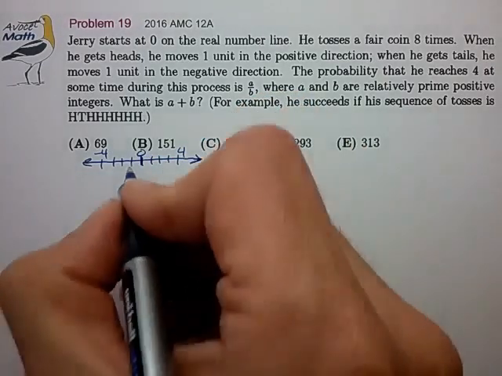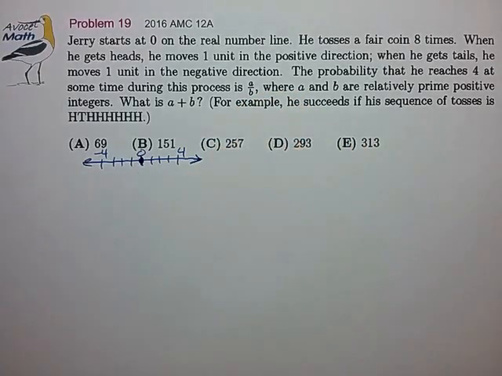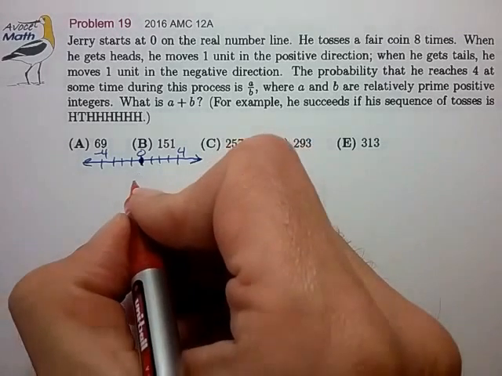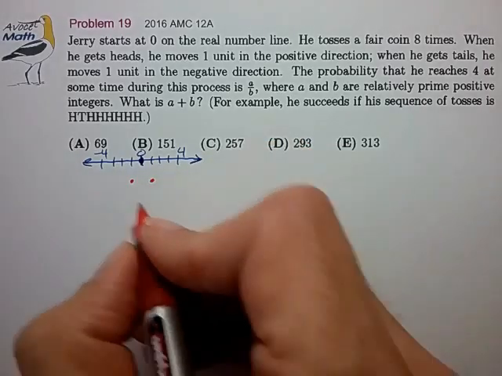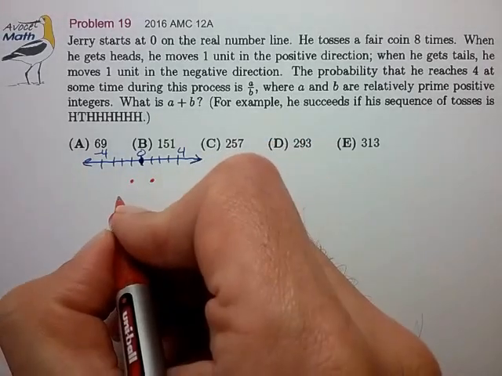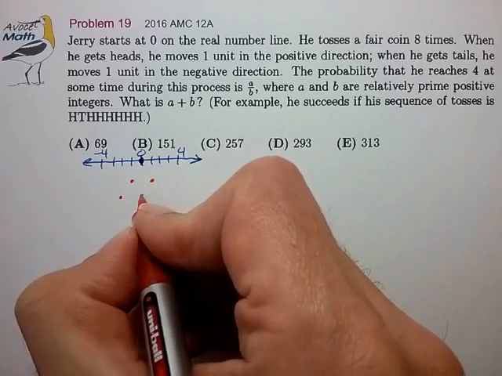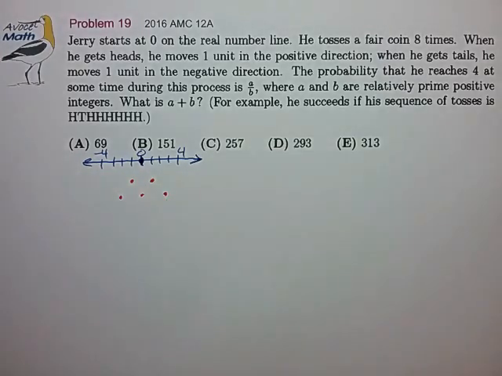We're starting at 0 initially, and every time we flip the coin, we go either one step to the left or one step to the right. And then when we flip the coin a second time, we go again one step to the left or one step to the right.